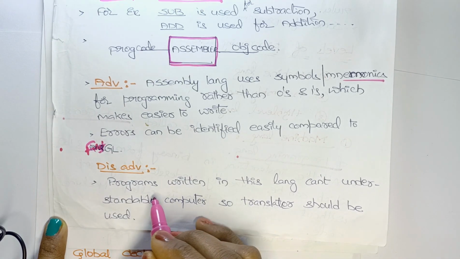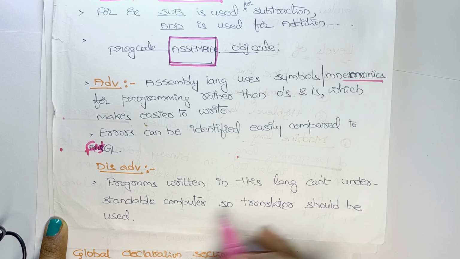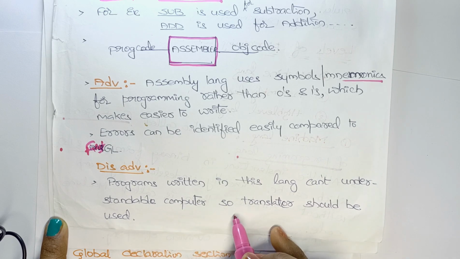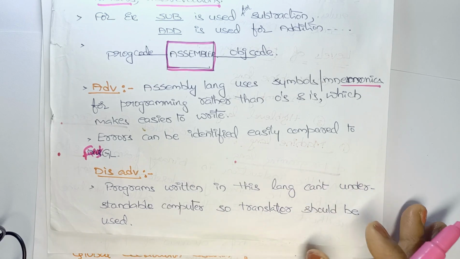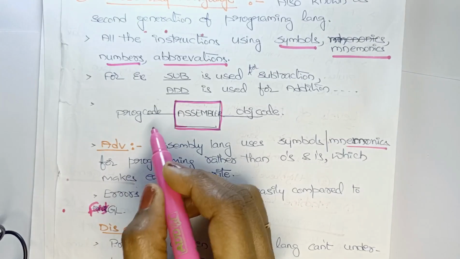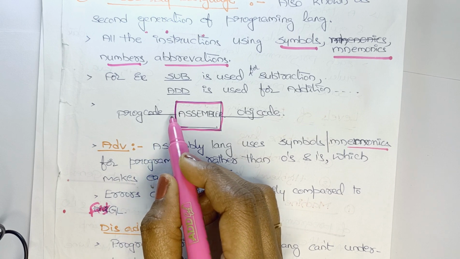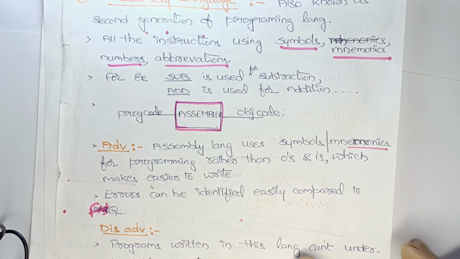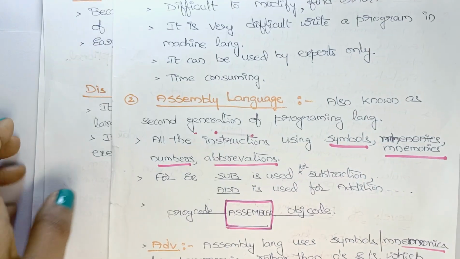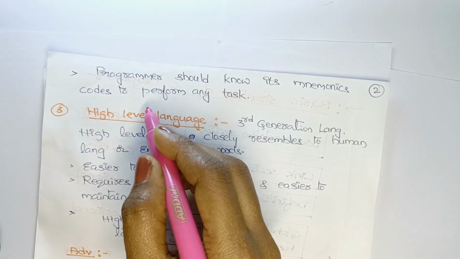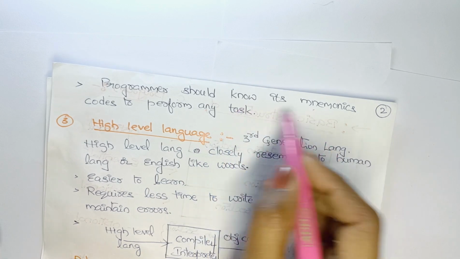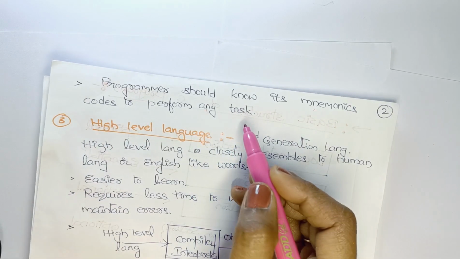Next, disadvantages. Programs written in this language cannot be understood by the computer, so a translator should be used. Whatever programs you have written cannot be understood by the computer, so we need one translator, that is nothing but an assembler. One more disadvantage is that the programmer should know the mnemonic codes to perform any task.